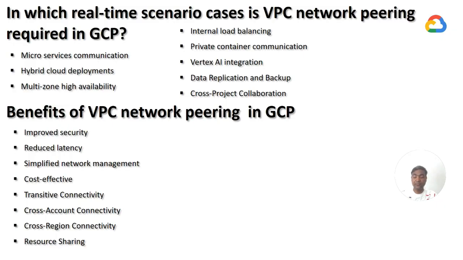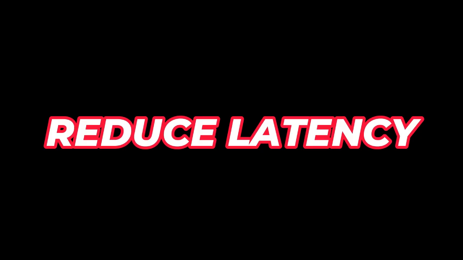Now guys, I'll guide you on some benefits of VPC peering in Google Cloud Platform, like improved security, reduced latency, simplified network management, transitive connectivity, cross-account connectivity, cross-region connectivity, resource sharing and more. Improved security: resources communicate privately using internal IP addresses, reducing the attack surface and minimizing the risk of unauthorized access.